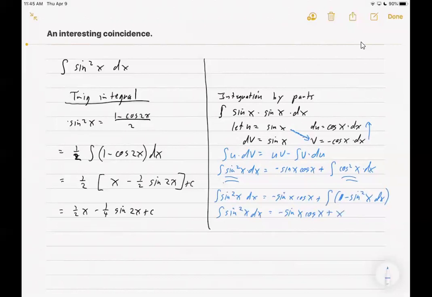And then I'm going to have left minus the integral of sine squared of x dx. And we saw this before. We have a double iteration. It's a plus on the right and a negative on the left.